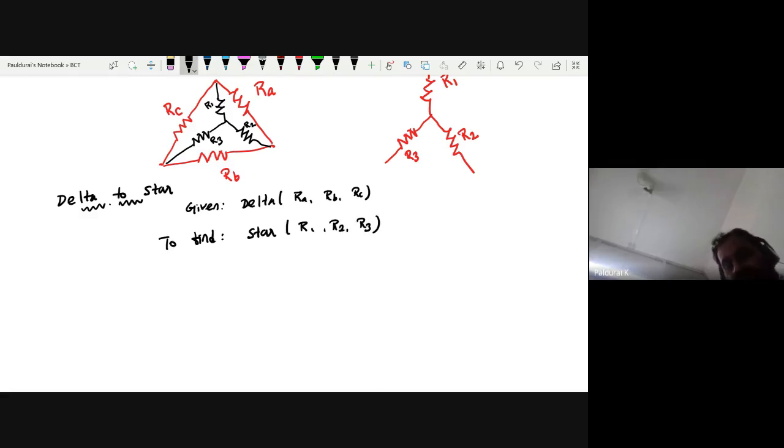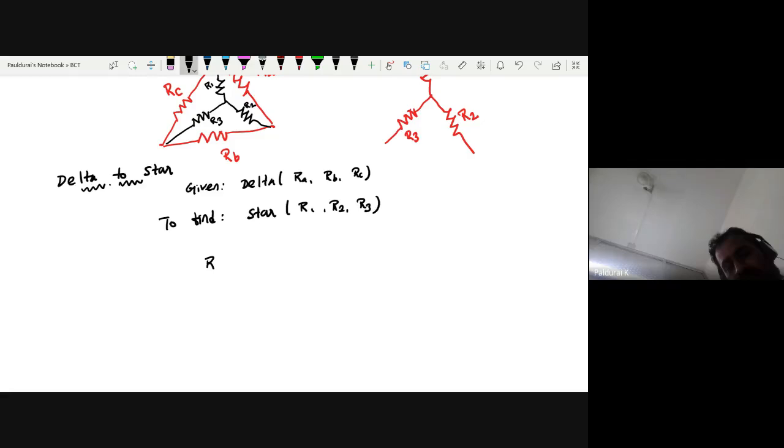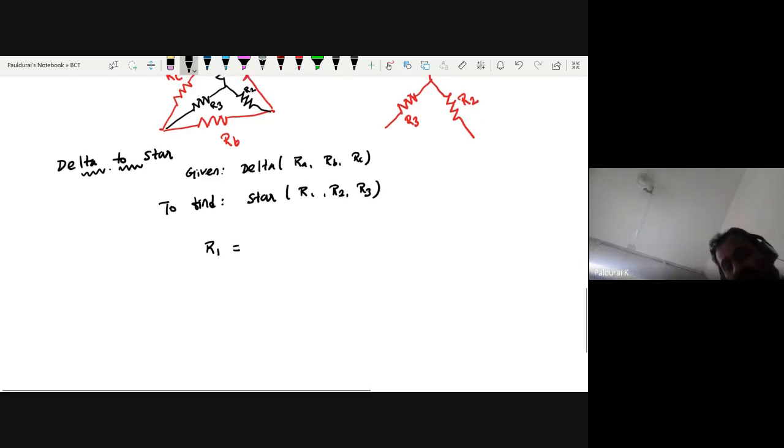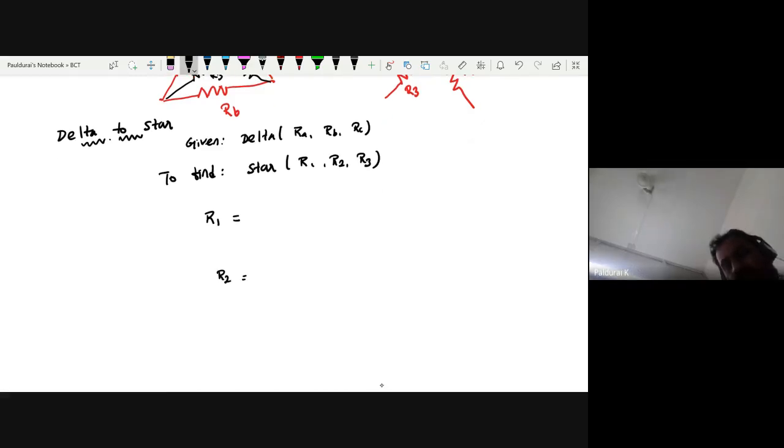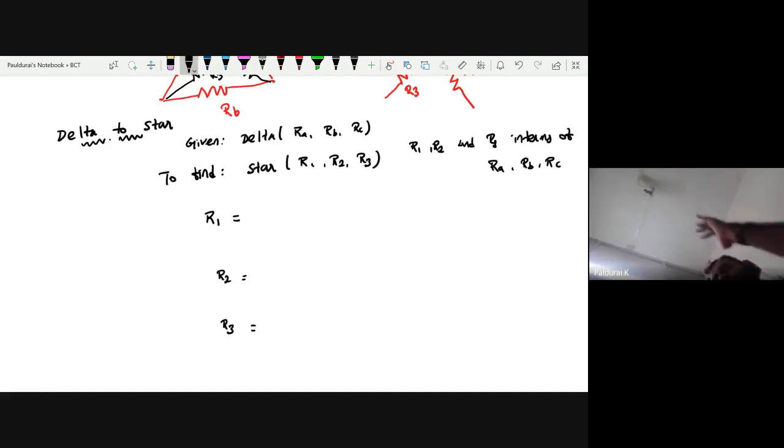So you want to calculate R1, R2 and R3 in terms of RA, RB, RC, because the given is delta.